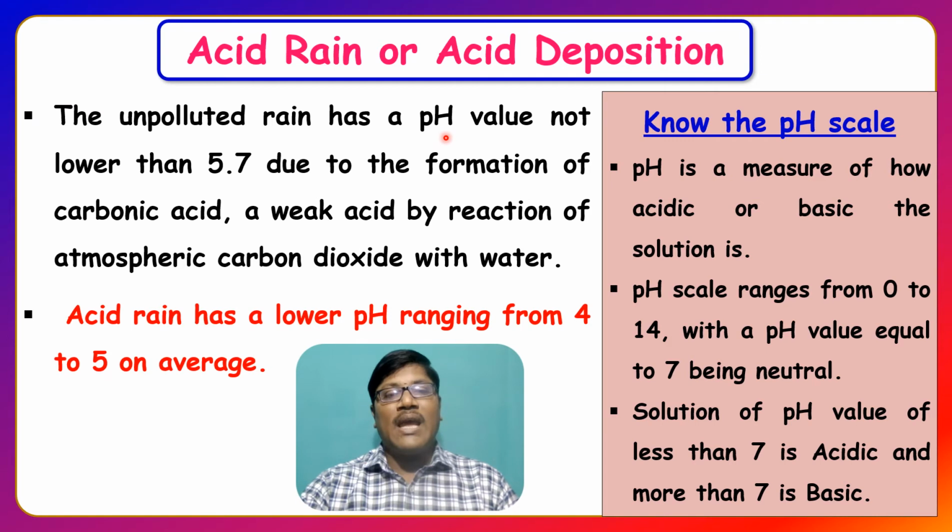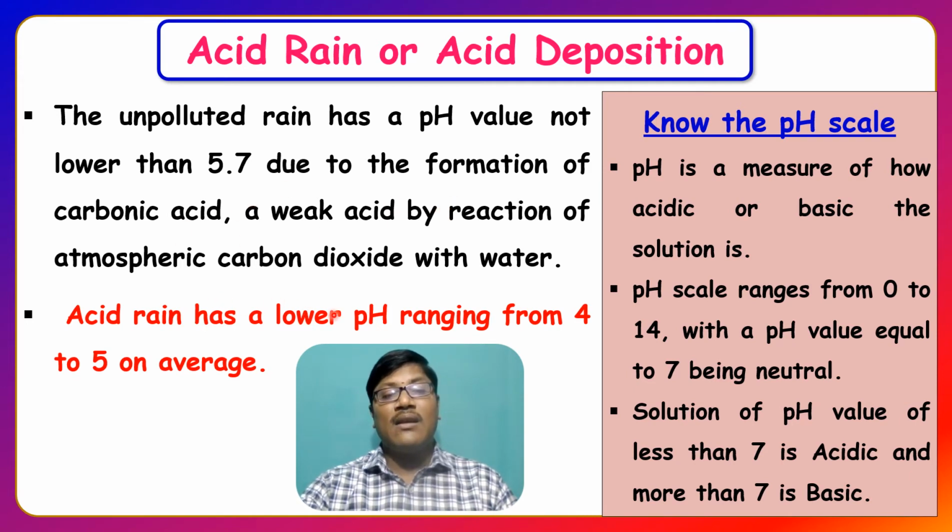The unpolluted rain has a pH value not lower than 5.7 due to the formation of the weak acid, carbonic acid, by the reaction of atmospheric carbon dioxide with water. Demineralized water has a pH value of 7, which is neutral, but unpolluted rainwater has a pH not lower than 5.7 because atmospheric carbon dioxide dissolves in water to form weak carbonic acid.